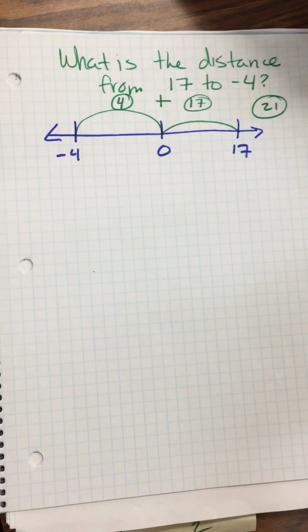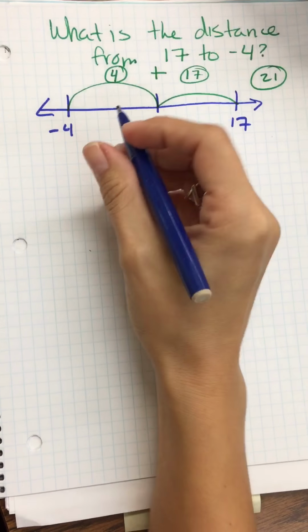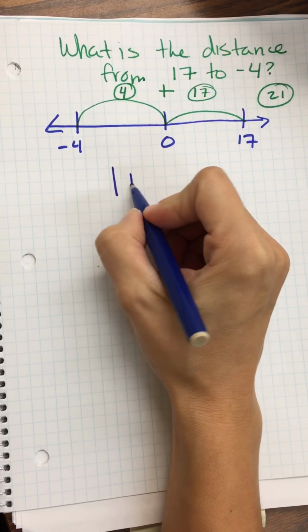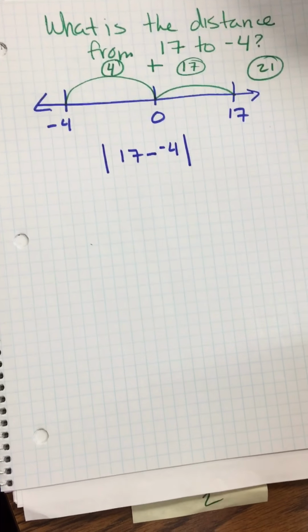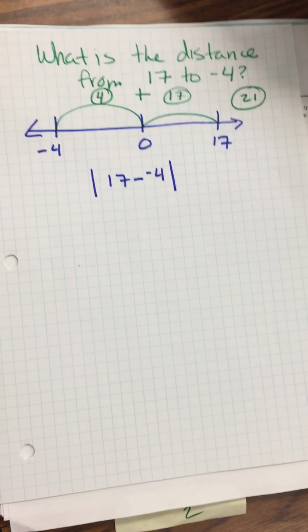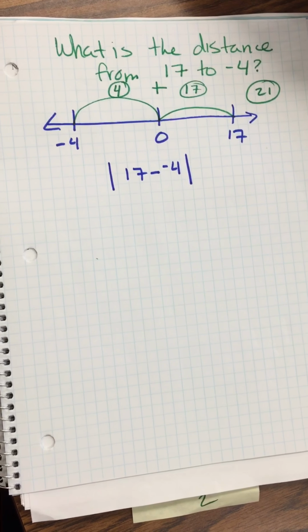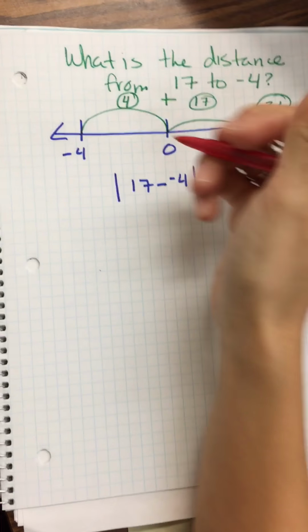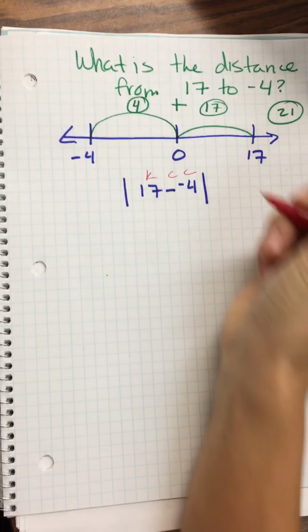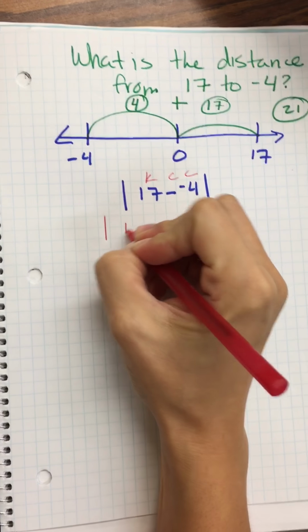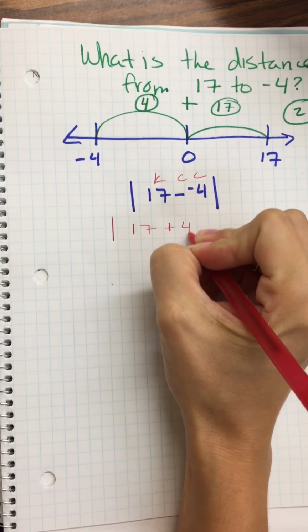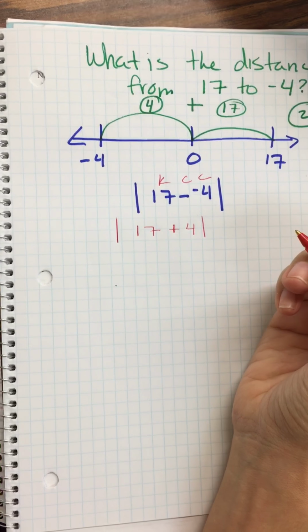Good. Now, what math problem does that create? Well, that creates 17 minus a -4 in the bars. Rewrite that. Keep, change. Do it before I do it. So keep, change. So you should have written 17 plus a +4 in the bars.